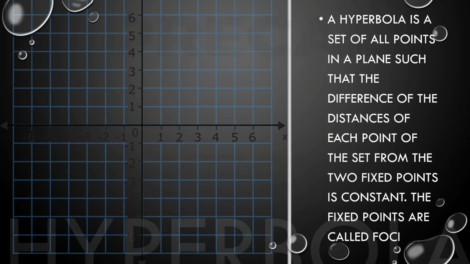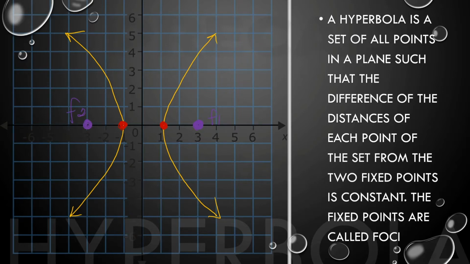So, sa madaling salita, ito yung graph ng hyperbola. So, let's say nandito yung foci, yung focus 1 and focus 2. So, kung kukuha tayo ng certain point from the curve, pwede dito or dito. So, kuha muna tayo dito.